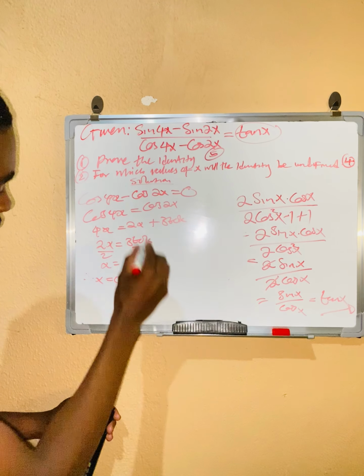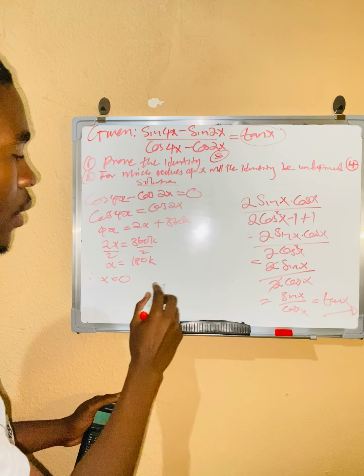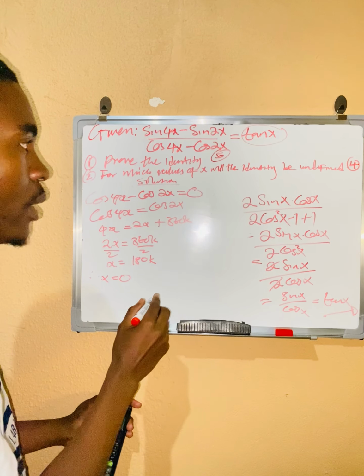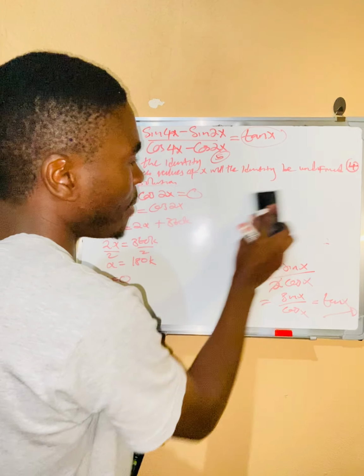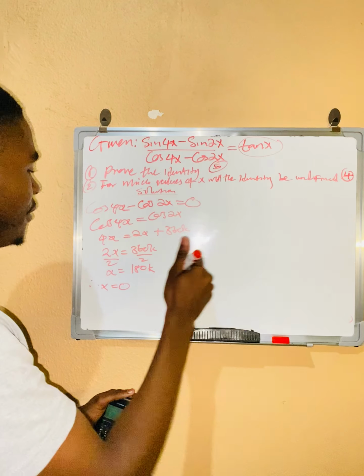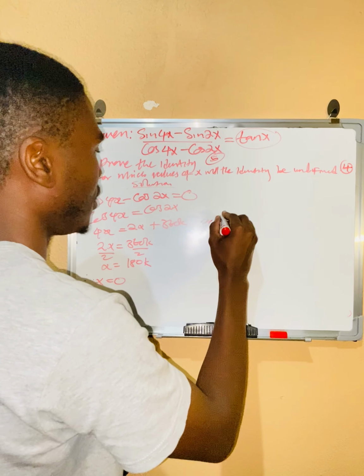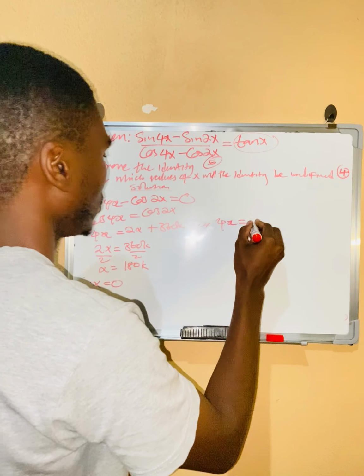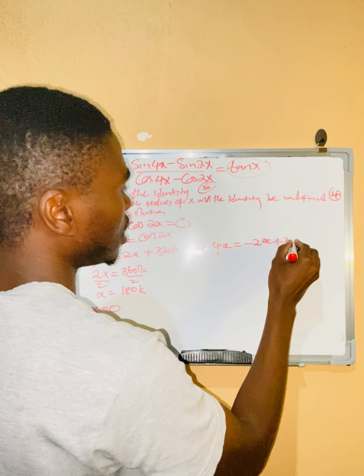Or again, we know our general solution for cos is going to be plus or minus. So now we're going to have 4x equals minus 2x plus 360k.